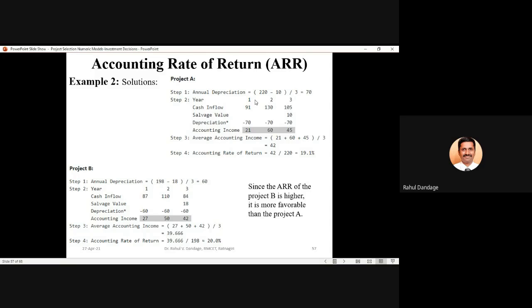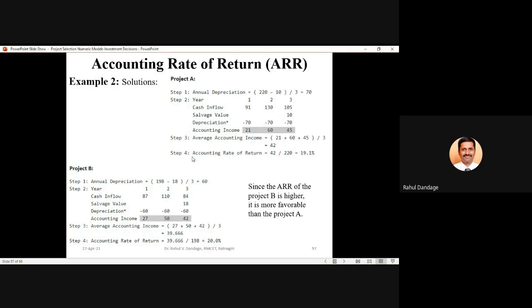So for periods 1 and 2 it is simply cash inflow minus depreciation, but for period 3 it is cash inflow plus your salvage value minus the depreciation; that is your accounting income. If we add all these three accounting incomes for project A and for project B, and divide by 3, we get the average accounting income, and this average accounting income divided by the initial investment will give us the value of the accounting rate of return.